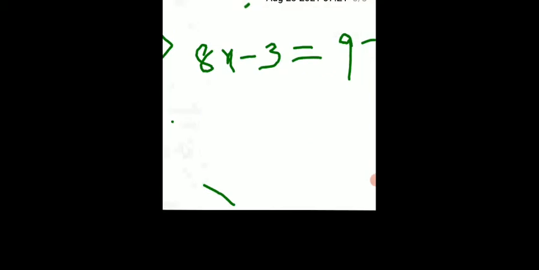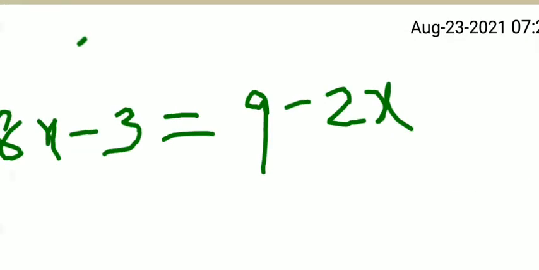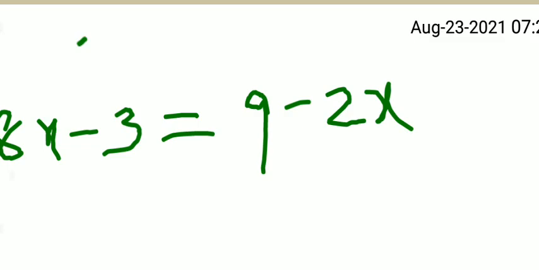Clear? Okay, so students, 8x minus 3 equal to 9 minus 2x.